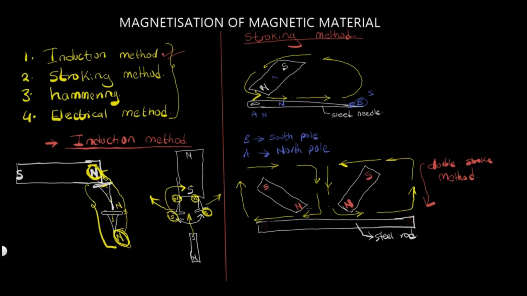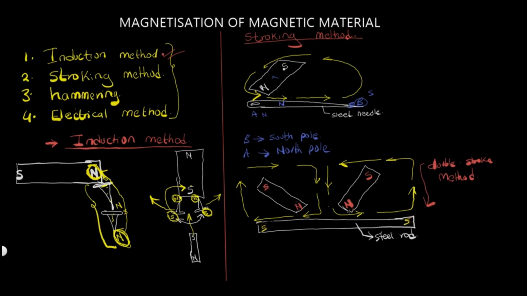Remember we said that at the end of the stroke, the bar will acquire a polarity opposite to the polarity of the side used in stroking. So if this is the north pole, then definitely this part will be the south pole, and if this is the north pole, then definitely this will be the south pole.